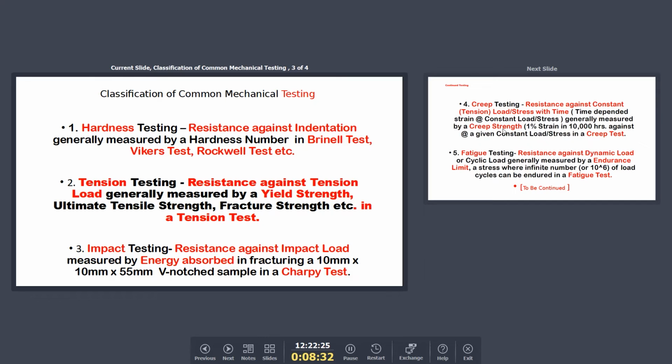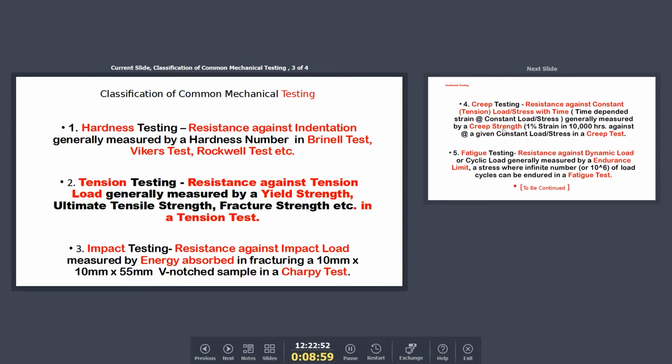Yield means that it loses. For example, when in a debate you yield to the logic, that is, you accept it. So it is the maximum resistance of the material against that tensile load.